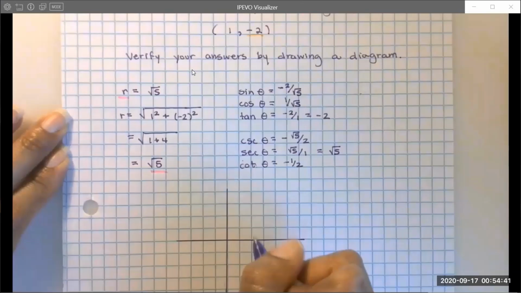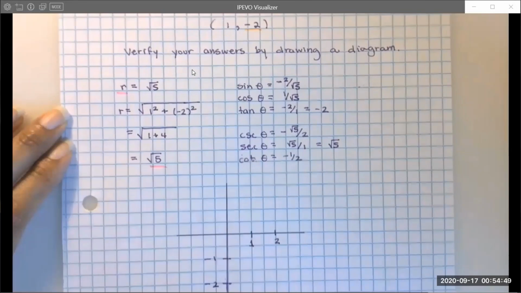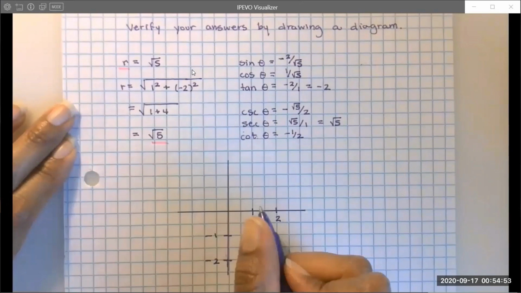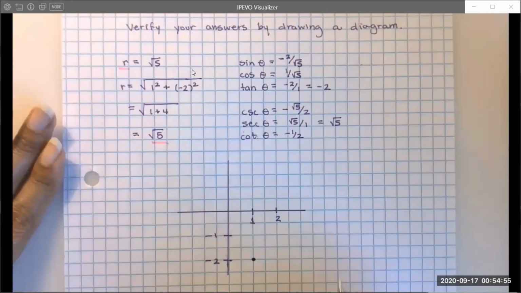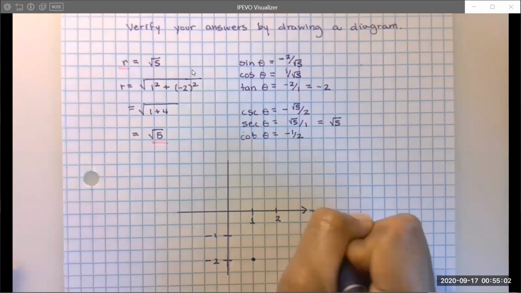Okay, so I'm going to make this 1, this 2, and then this is negative 1 and negative 2. Now we have the point 1 comma negative 2, which would be down here. Then the initial side will be on the positive x-axis, and I haven't labeled that, so let me label that real quick.